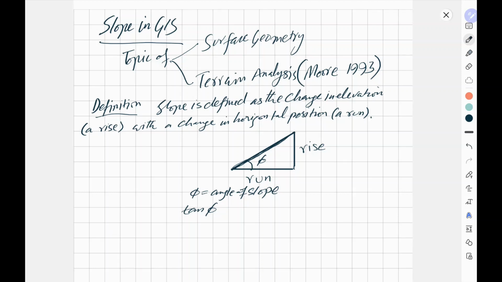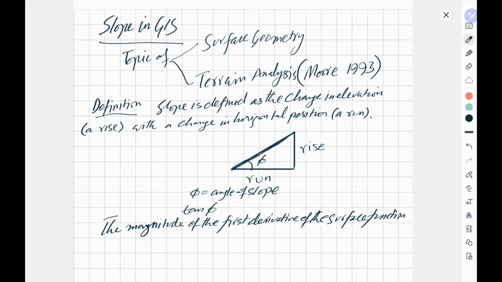Slope is defined as the magnitude of the first derivative of the surface function.